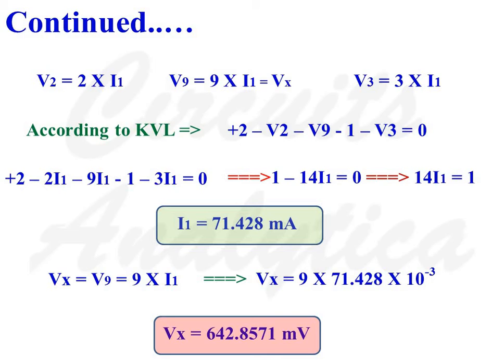Solving that equation, we will get I1 equal to 71.428 milliampere. Voltage drop across 9 ohms resistance V9 is equal to Vx is equal to 9I1. As I1 is equal to 71.428 milliampere, we will get Vx equal to 642.8571 millivolt.